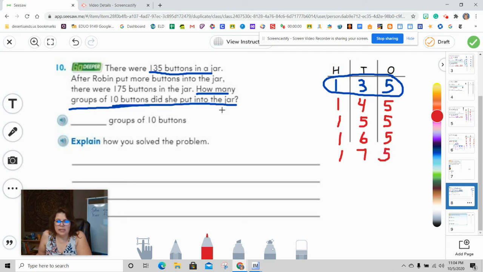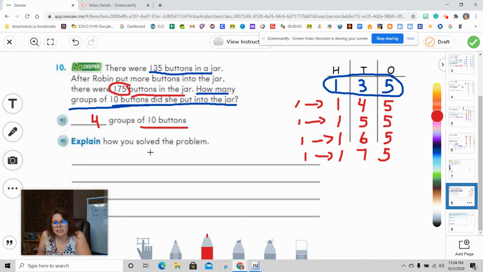And that's where I stop because that's the 175 at the end. There was that much. So how many tens did I add? I added 1. I added another 10 right here. I added another 10 right here. And I added another 10. So I added four groups of 10 buttons. That means 4 tens.